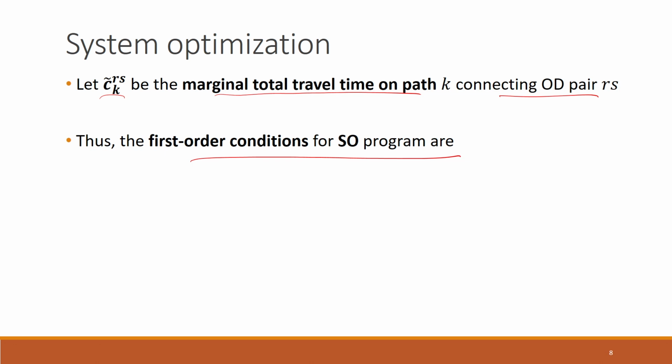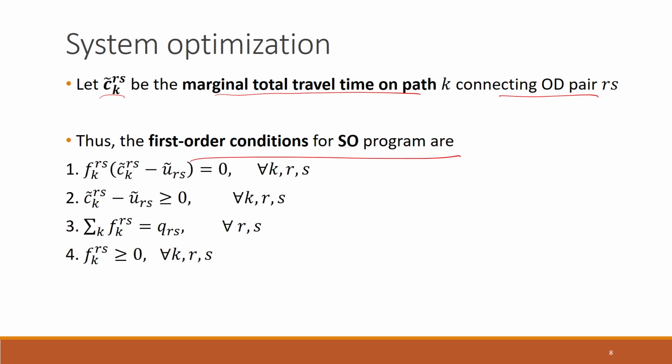We will just directly state the first order conditions for the system optimization program. So these are the conditions. Now these two constraints are the same as before. That is, the sum of the flows on all the paths connecting R to S should be equal to the demand from R to S, and the path flow should be non-negative.